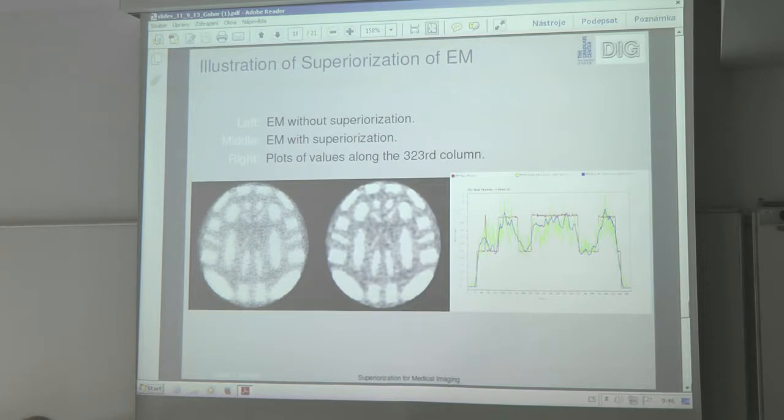The green is the values in the reconstruction without superiorization, and you see the large local variations. And the blue is the reconstruction with superiorization, where these local variations are much reduced, as they ought to be, because we are superiorizing to make the value of that phi smaller.